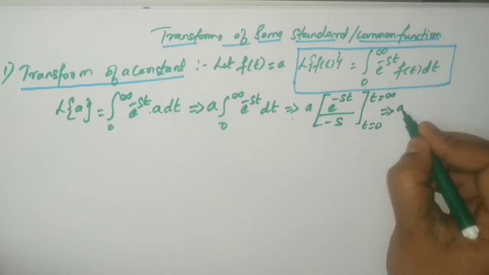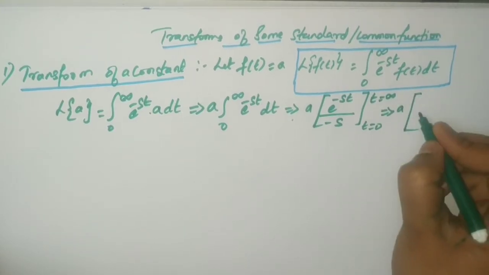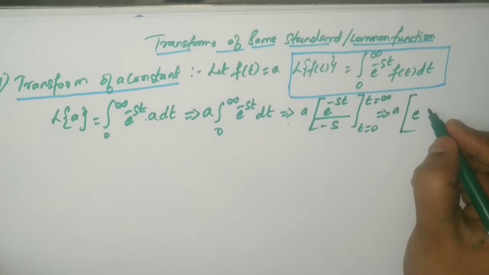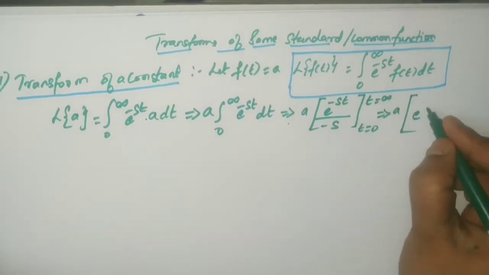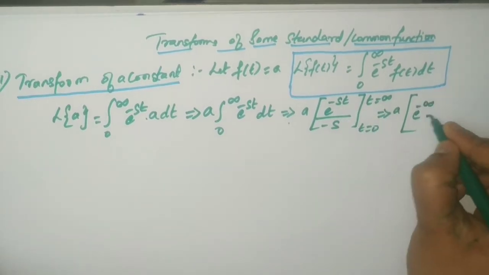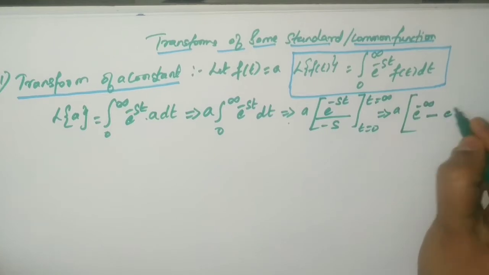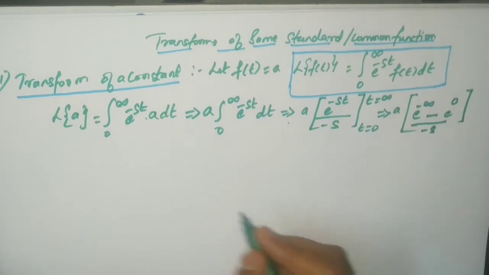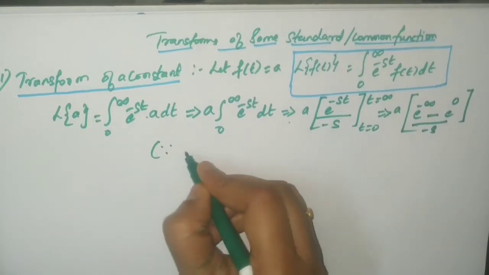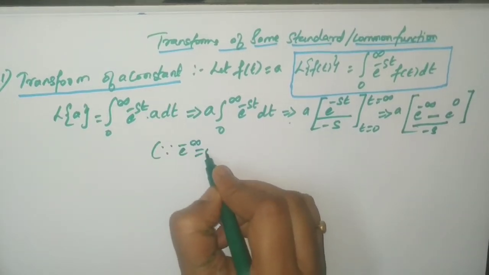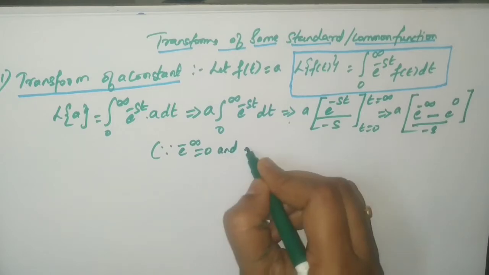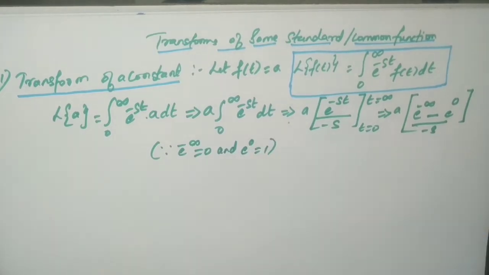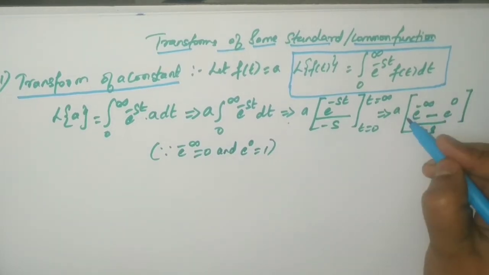Carefully substitute wherever t is there, the upper limit has infinity. So it is minus s into infinity, I'll write as minus infinity, minus e to the power minus s into 0, which is 0, divided by minus s. We know e power minus infinity is 0 and e power 0 is 1. So we are using this condition here.